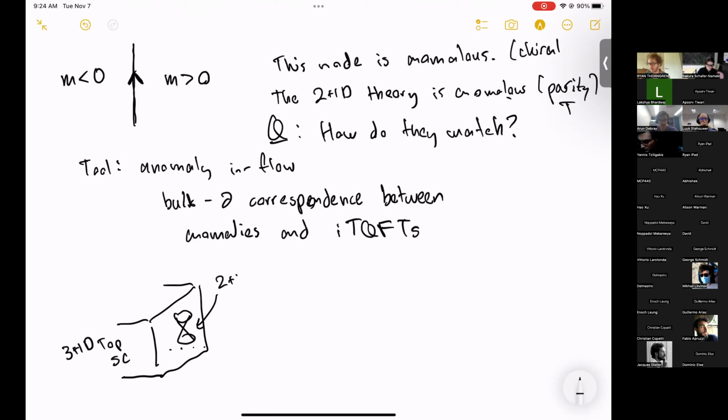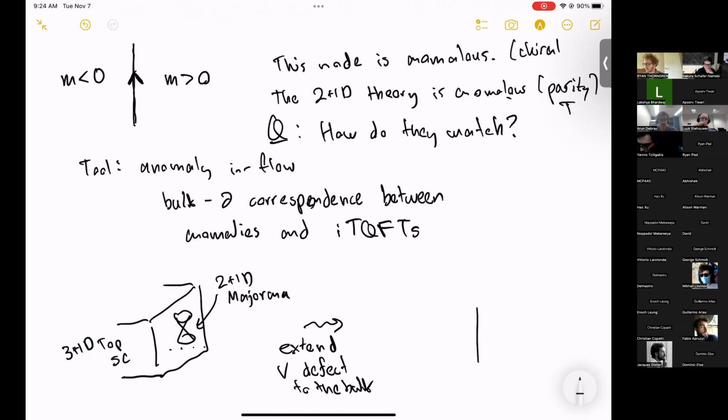And then you have the 2+1D Majorana on its boundary. And what we're going to do is extend the V defect to the bulk.